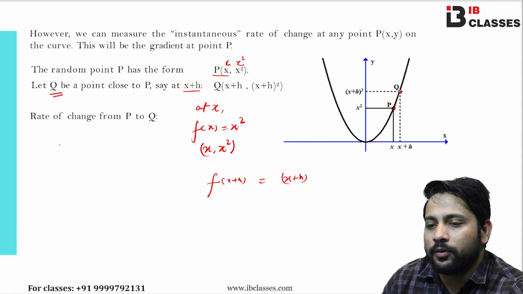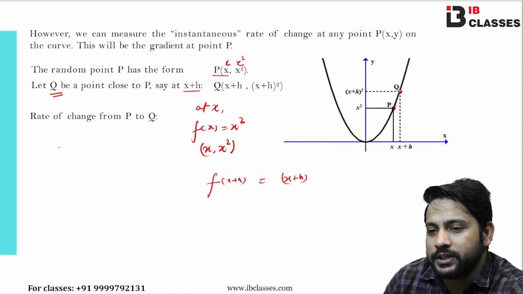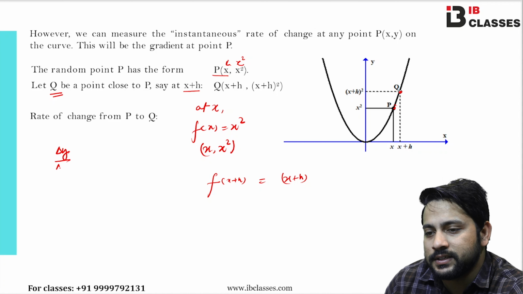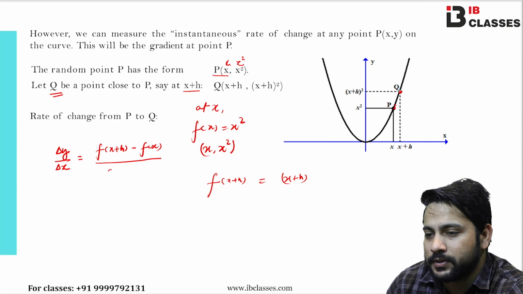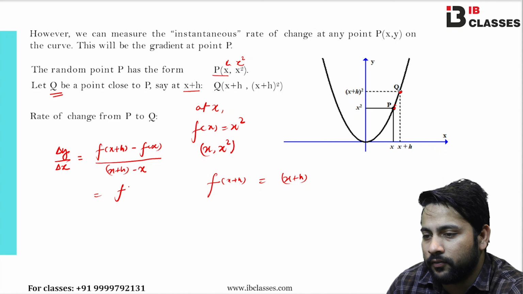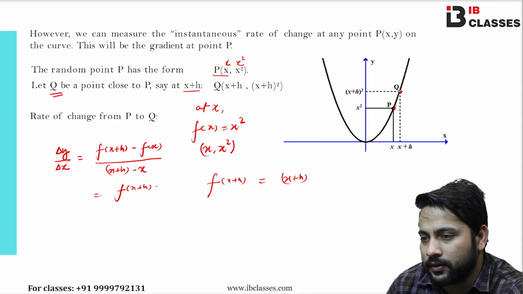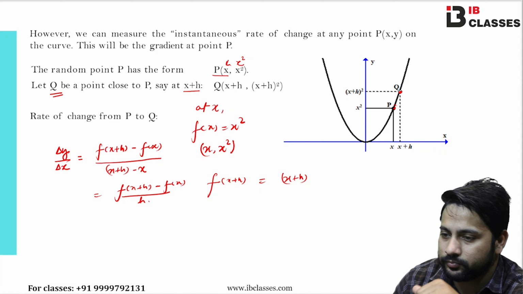So the rate of change from P to Q will be change in y over change in x. Change in y is f(x + h) minus f(x), over (x + h) minus x, that is f(x + h) minus f(x) over h.